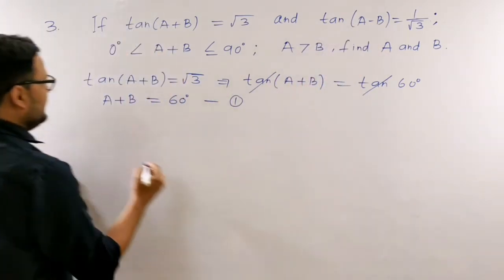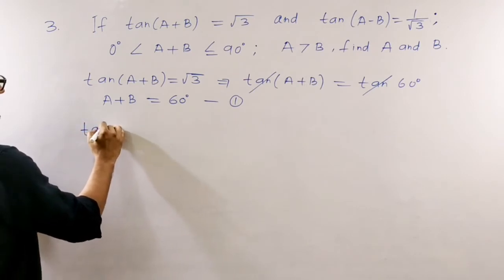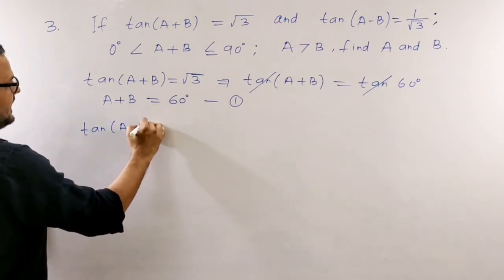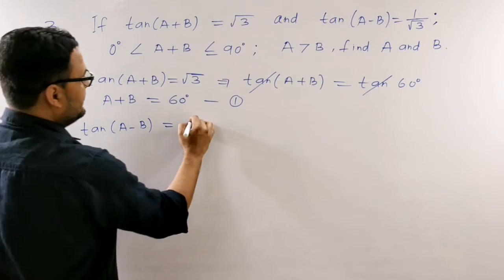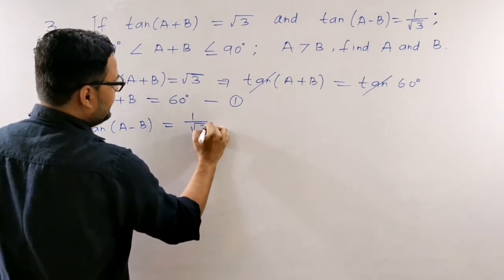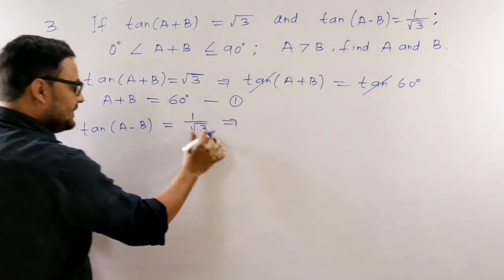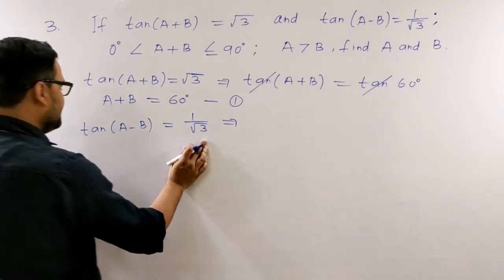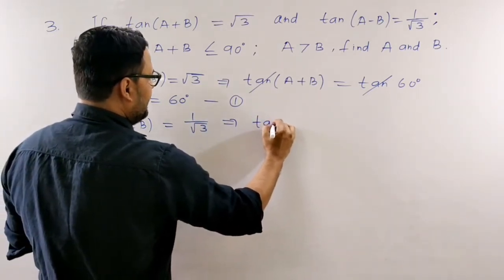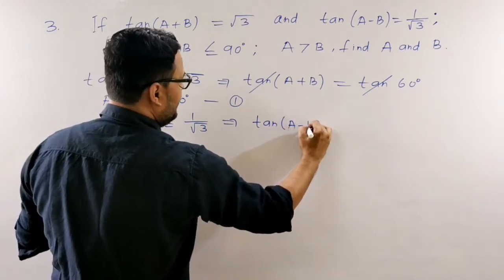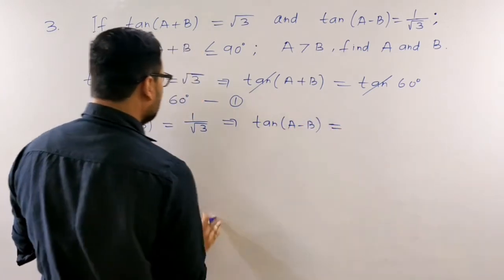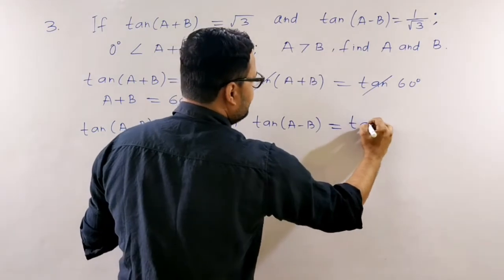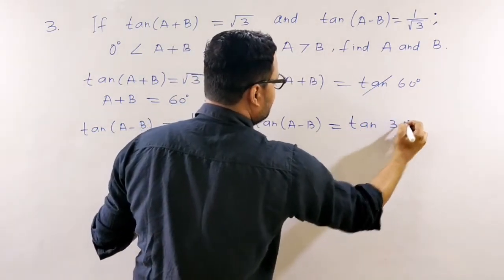Second one, tan(A minus B) equals 1 by root 3. Again 1 by root 3 in tan is tan 30. Tan 30 equals 1 by root 3. Then tan(A minus B) equals tan 30.